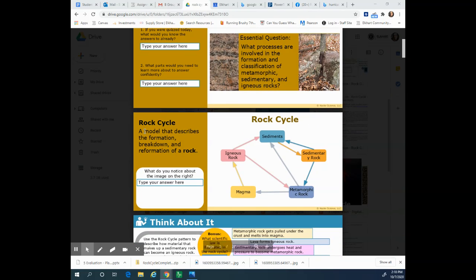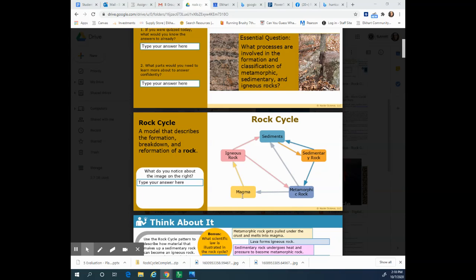Rock cycle, a model that describes the formation, breakdown, and reformation of a product. So right here, you'll see that this looks very much like, not like the circle of life, but it looks like a cycle.